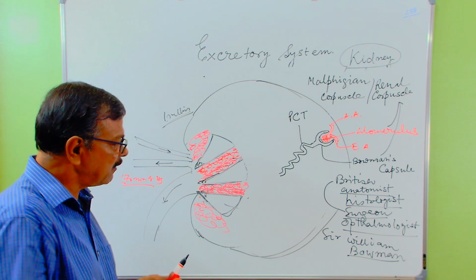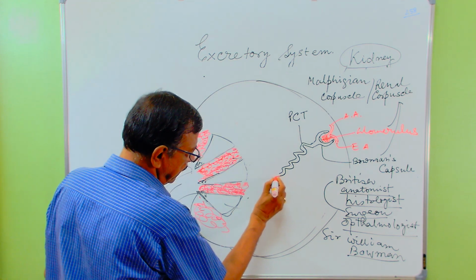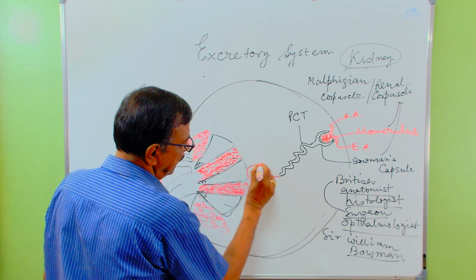Thereafter this proximal convoluted tubule forms a loop.